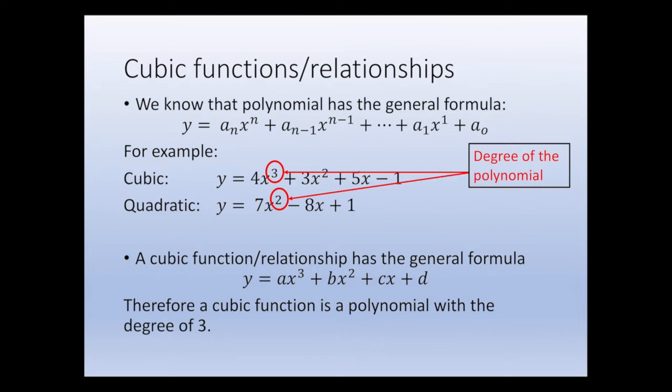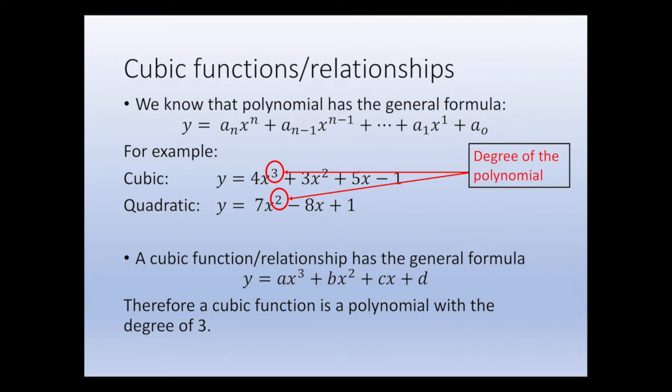Now, let's have a look at cubic functions. We know the general form of a polynomial. For example, a cubic is 4x cubed plus 3x squared plus 5x minus 1. And a quadratic is something like y equals 7x squared minus 8x plus 1.